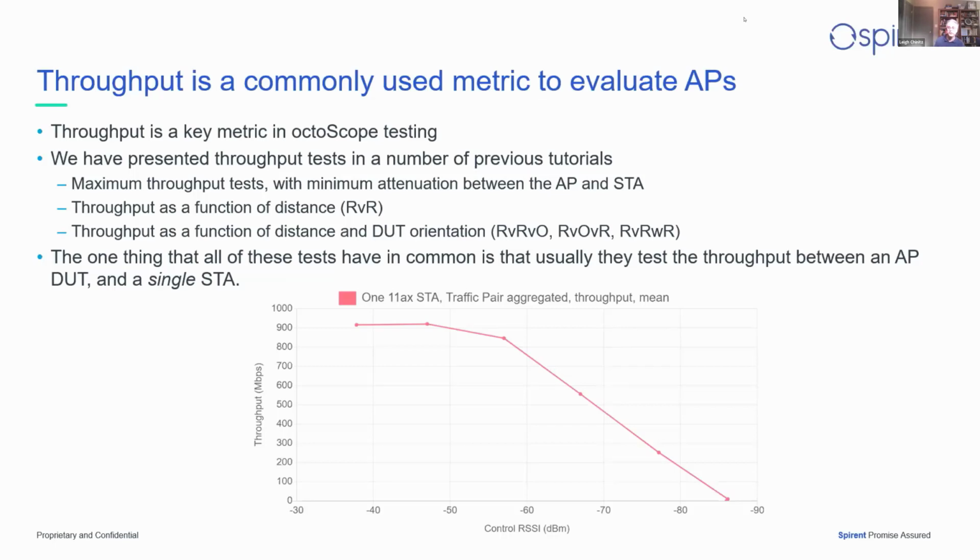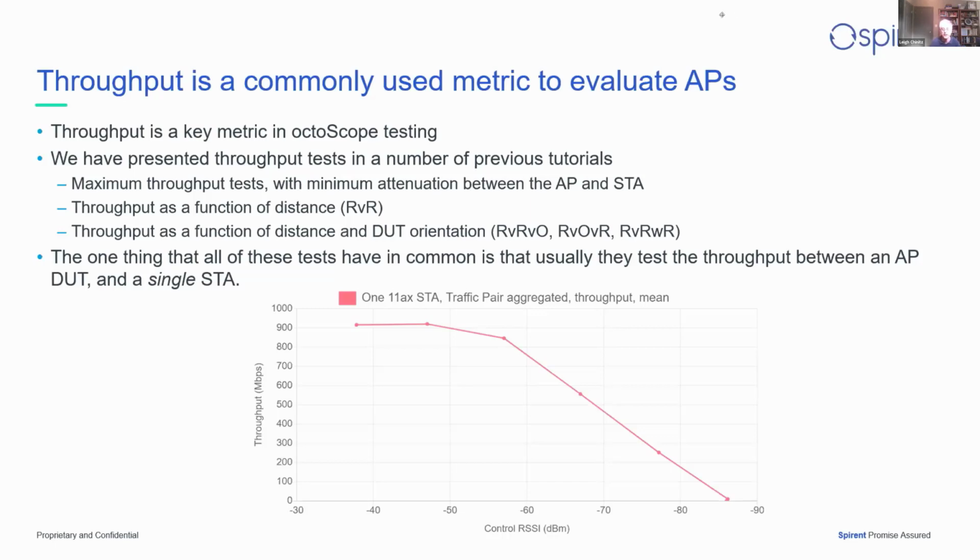We've shown tests where we've looked at the same kind of information while we actually rotated the device under test, the access point, in order to see the effect of orientation. And we did a lot of those tests in great detail. We have them all in our tutorial list.